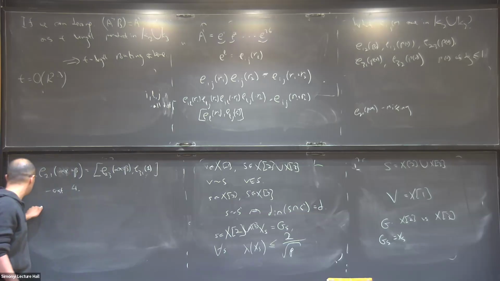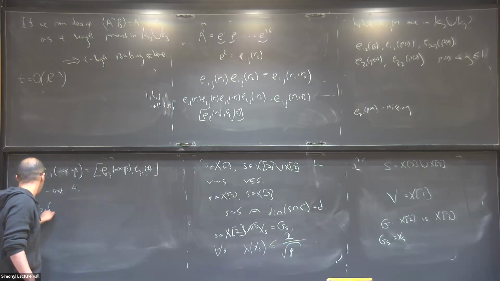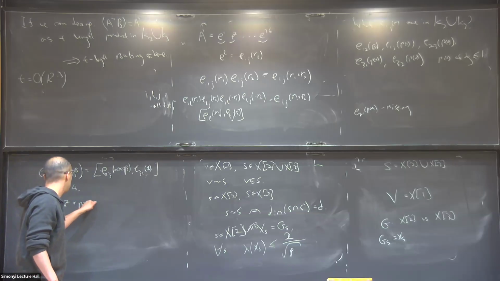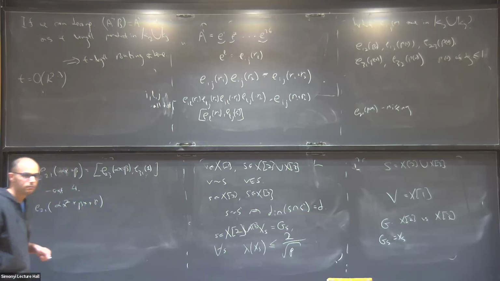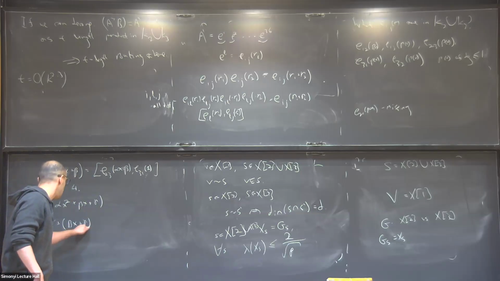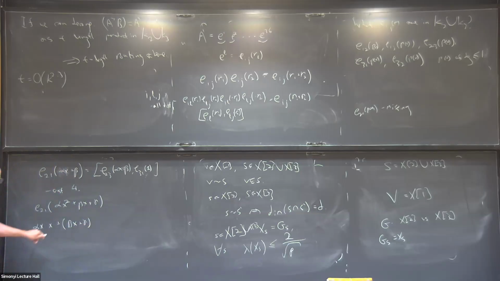Let's do a quadratic. Suppose I want E21 of alpha x squared plus beta x plus gamma. In this case, I can write it as alpha x times x plus beta x plus gamma. This is a product of two polynomials of degree 1, and this is another polynomial of degree 1.